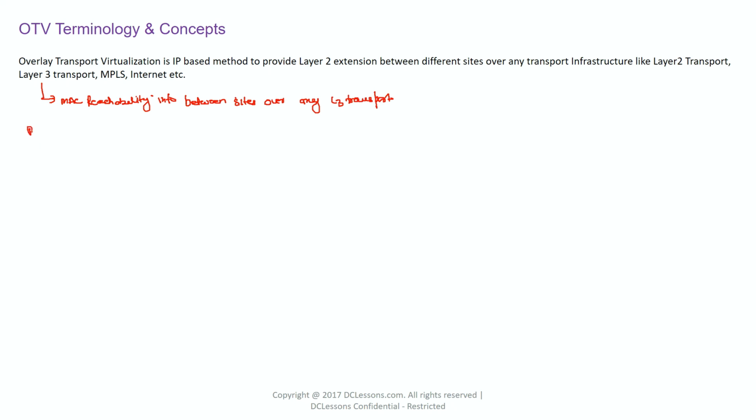Now, what are the benefits of OTV? The first one is no need for an EoMPLS or VPLS circuit for layer 2 extension.